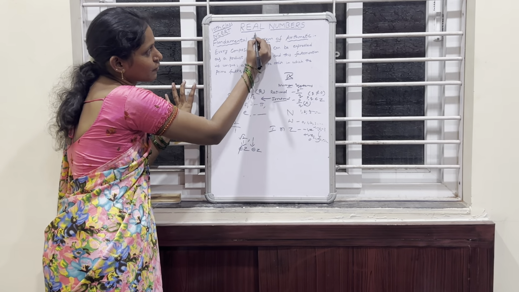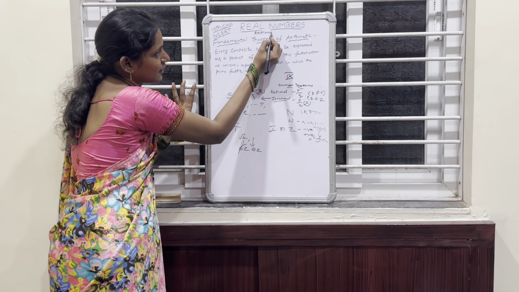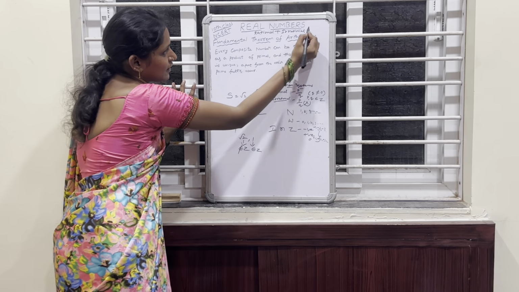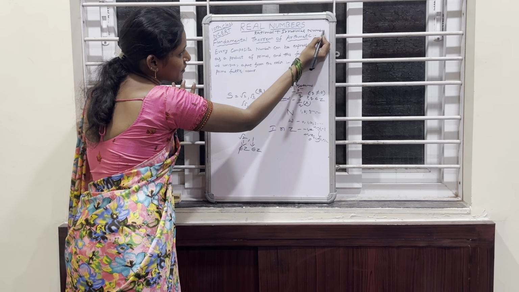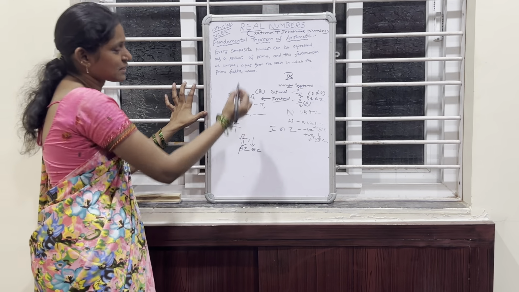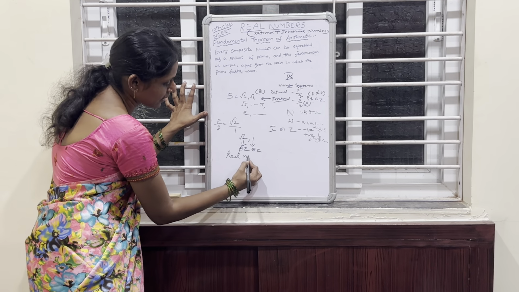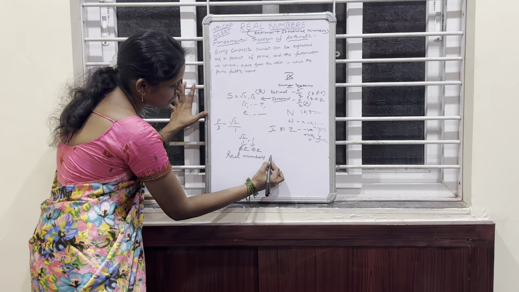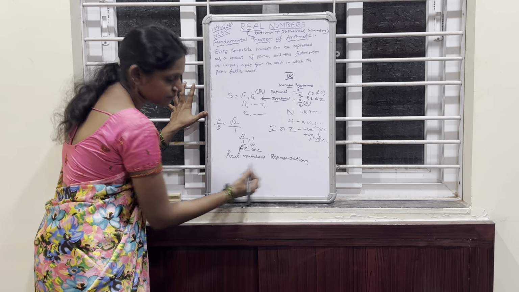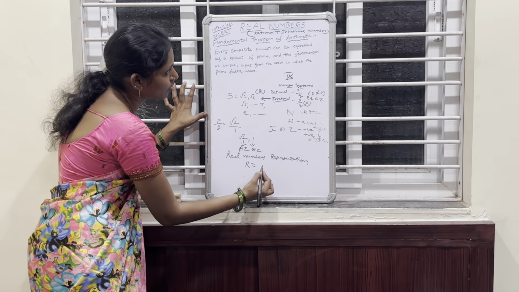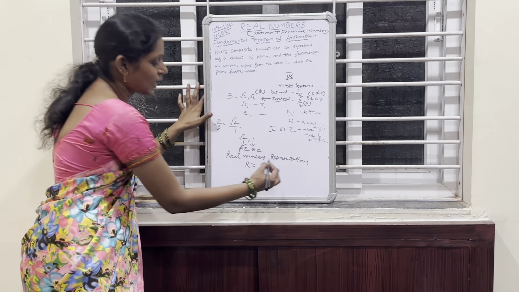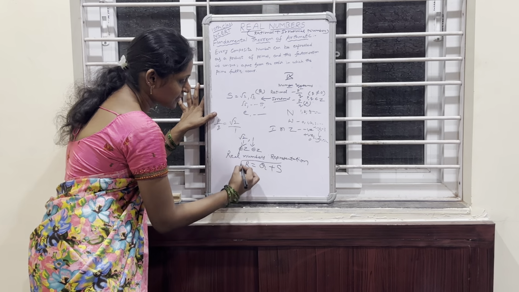The combination of rational and irrational numbers is called real numbers. Representation of rational numbers is Q, and irrational numbers are S. Combined, this is the real numbers.